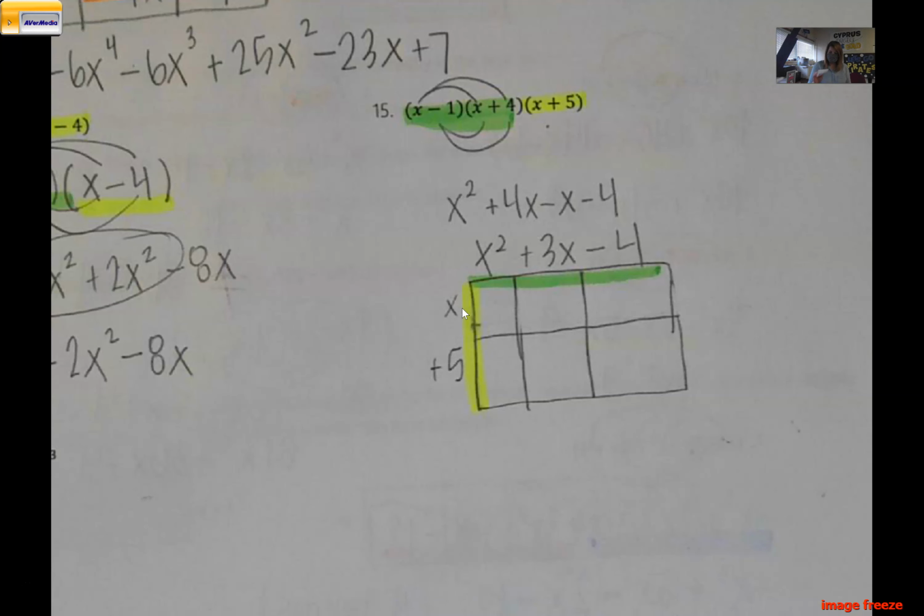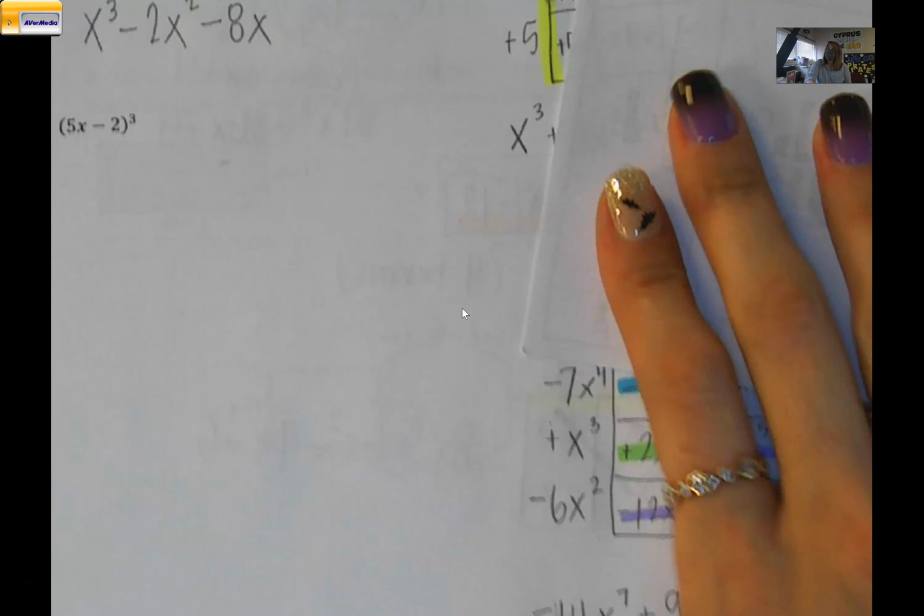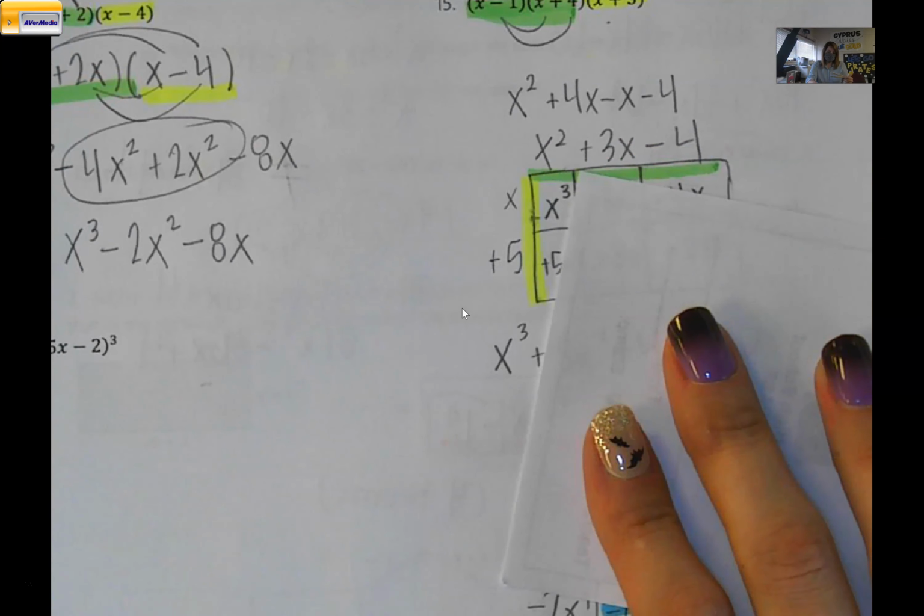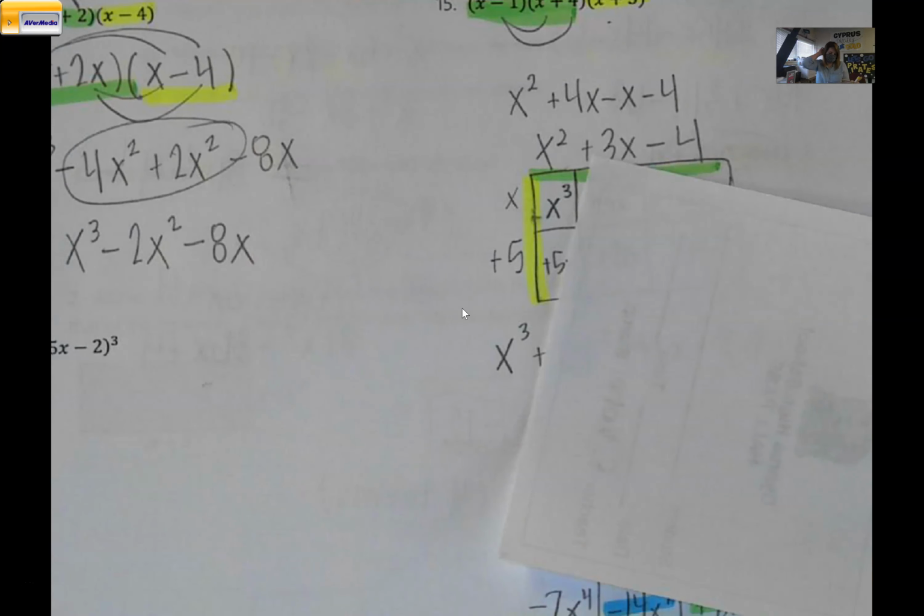Okay, Britton, what do you think the first term is? I got x cubed. Did anybody else get that? Okay, second term, Elizabeth, what did you get?